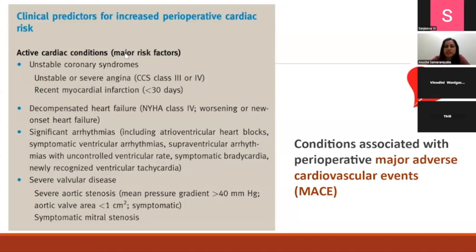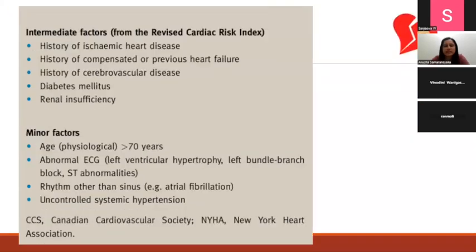So what are the intermediate risk factors? These include patients with established ischemic heart disease, a history of compensated or previous heart failure, cerebrovascular diseases including strokes and TIAs, diabetes mellitus, especially insulin-treated diabetes mellitus, and renal insufficiency.